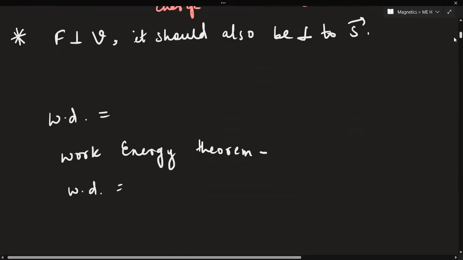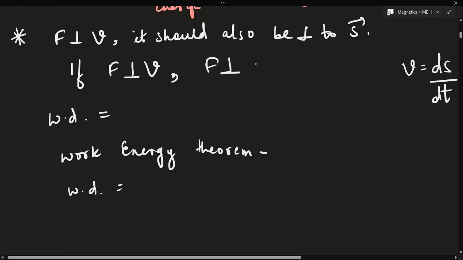There are certain points from your theory point of view, very short questions of 1 or 2 marks. If it is a condition that force is perpendicular to velocity, then obviously everybody knows in this class that velocity is the rate of change of displacement. So force will also be perpendicular to displacement.